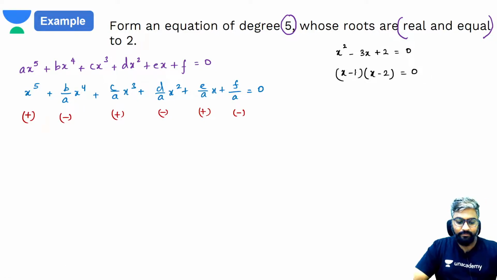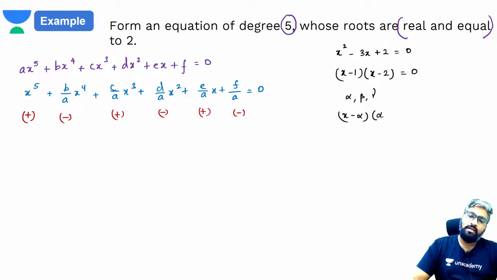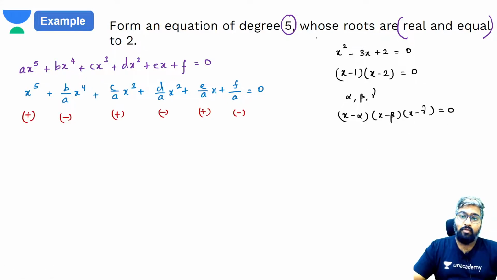After factorizing. Same way, if alpha, beta, gamma are the roots of a cubic equation, then we can write that cubic equation as x minus alpha into x minus beta into x minus gamma equal to 0.